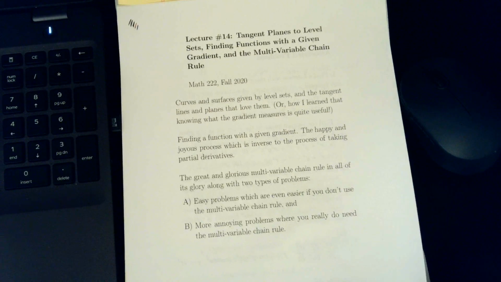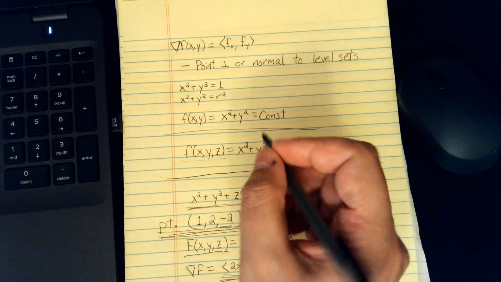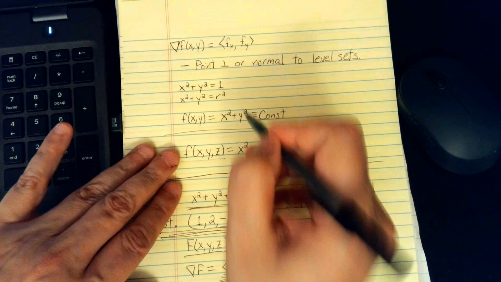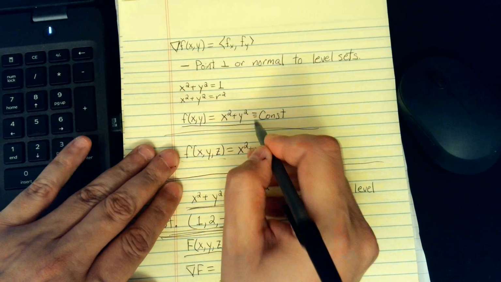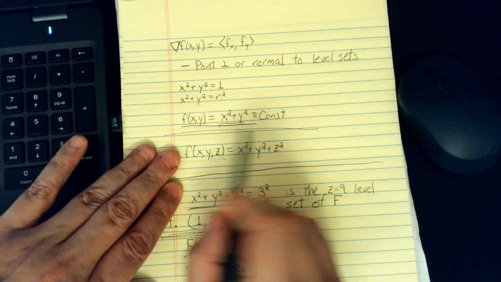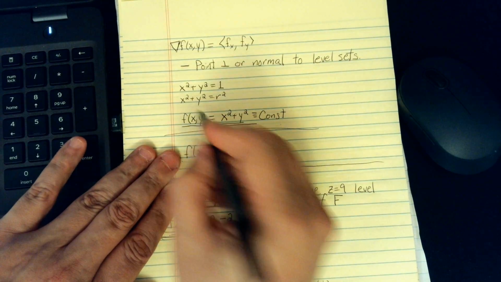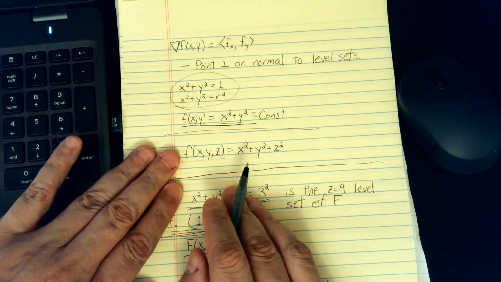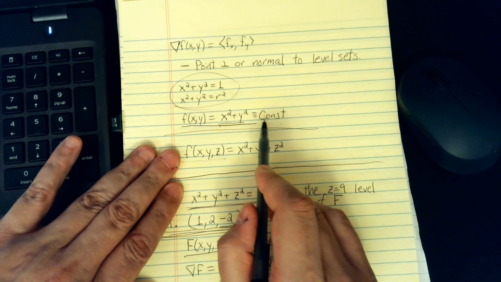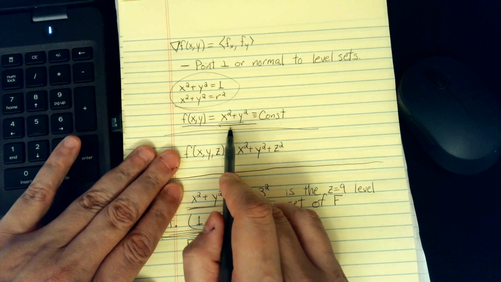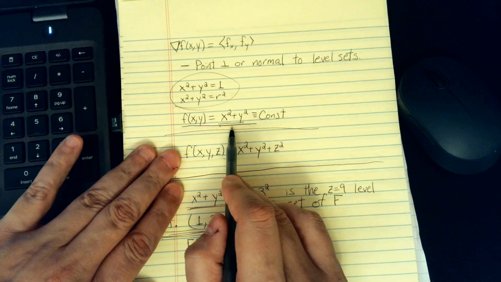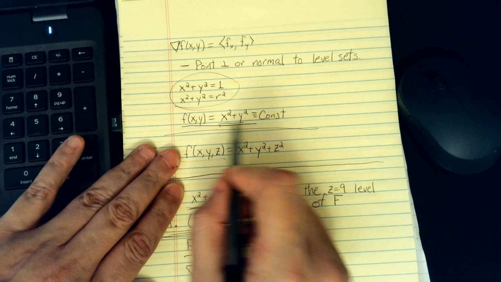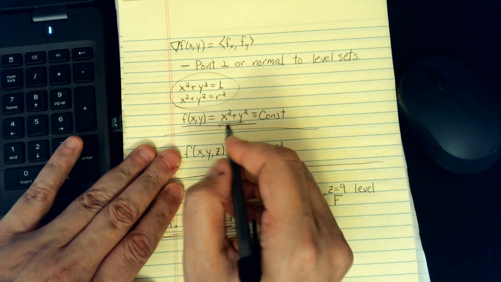In particular, as a trivial observation, if you take the function x squared plus y squared and set it equal to a non-negative constant, you get the circles centered at the origin. If you take the constant to be r squared, you'll get the circle with radius r. So circles are frequently given in this way, as the level set of a function like this.